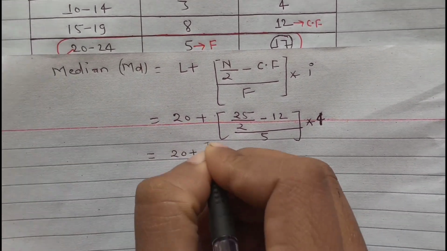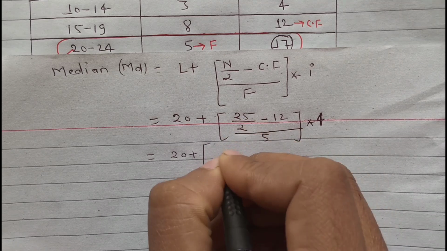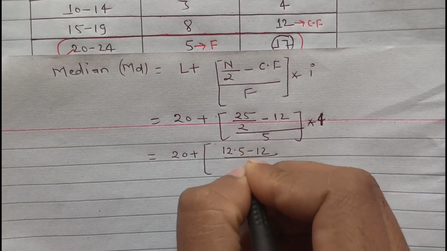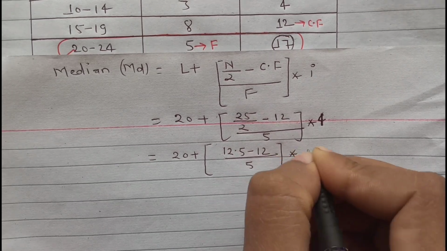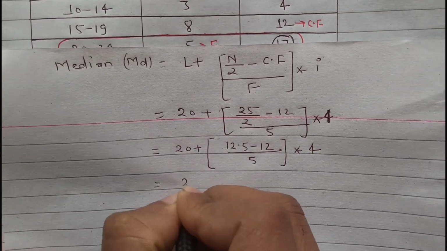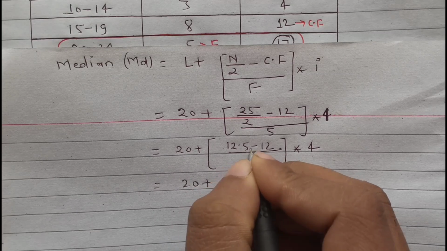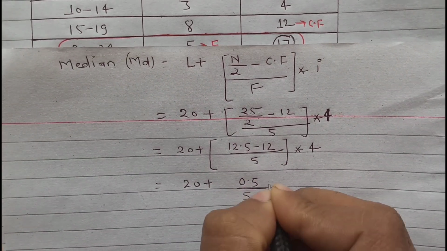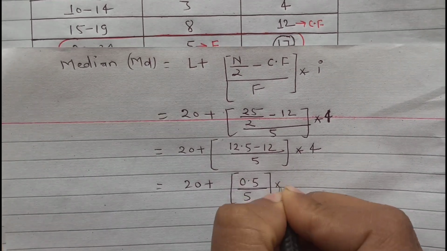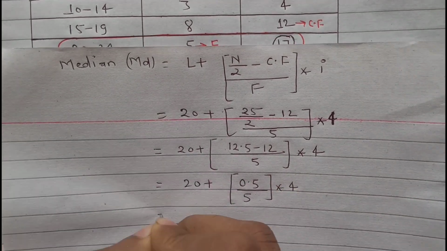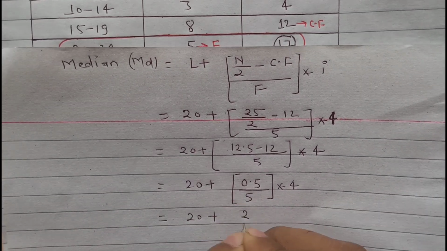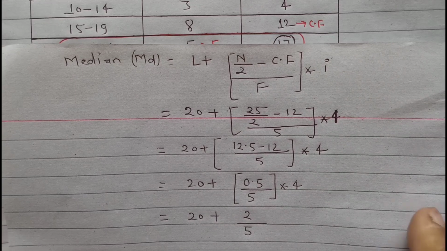20 plus 25 divided by 2 is 12.5, minus 12, divided by 5, into 4. So 20 plus 12.5 minus 12 is 0.5, divided by 5 into 4. So 20 plus 0.5 into 4 is 2, divided by 5.